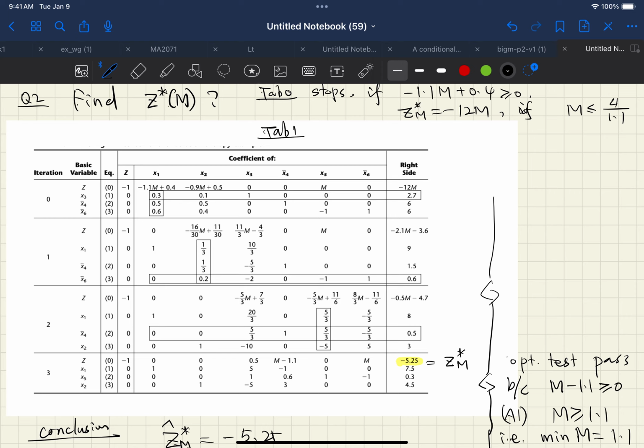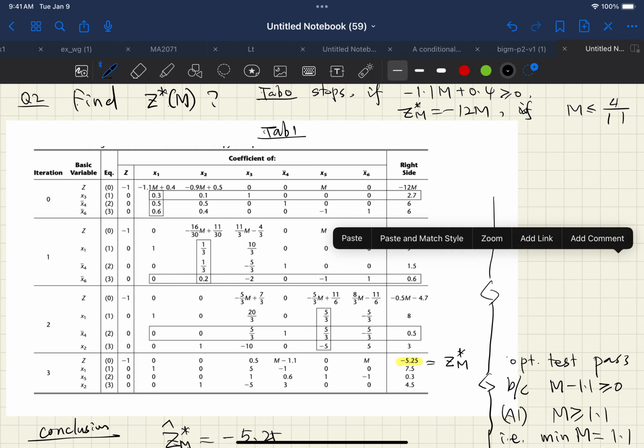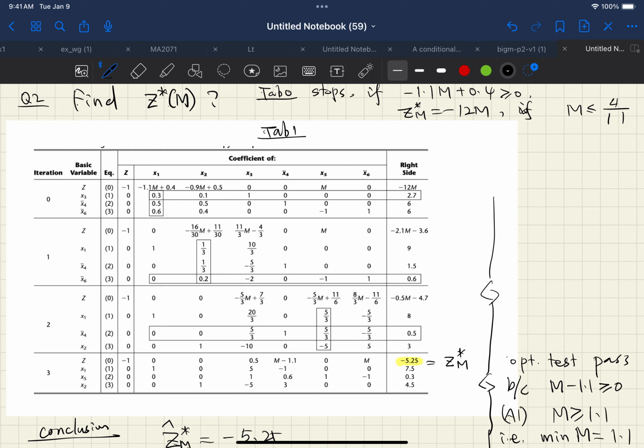Now we look at tableau 1. Tableau 1 is here. Suppose M is greater than this number, not 1.1, this is 11. If we look at this tableau, this stops.